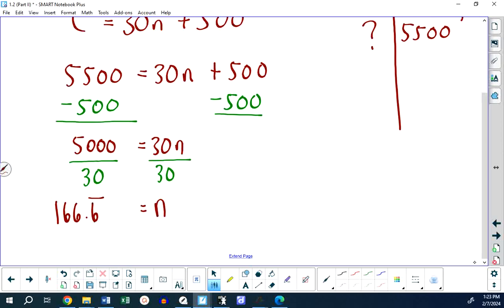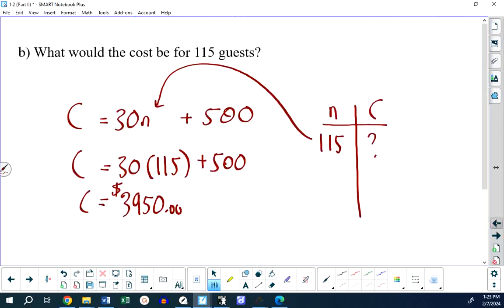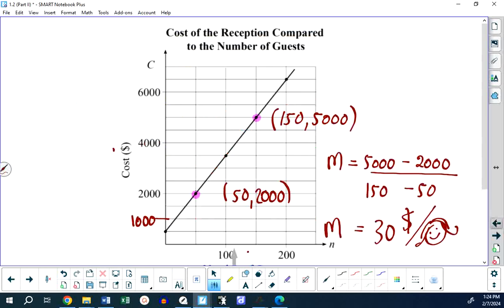I like to get my students to think here. It's not just about doing the math. What's wrong with their graph? I mean, there's something technically wrong with it. The line should be dotted. You can't have part of a, I don't know what that means to have half of a wedding guest.